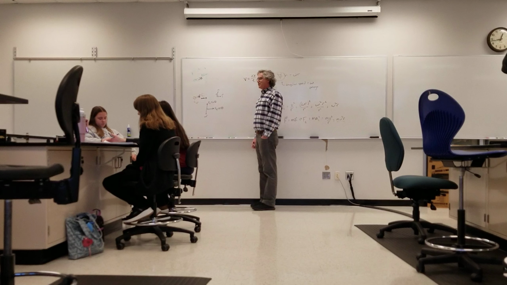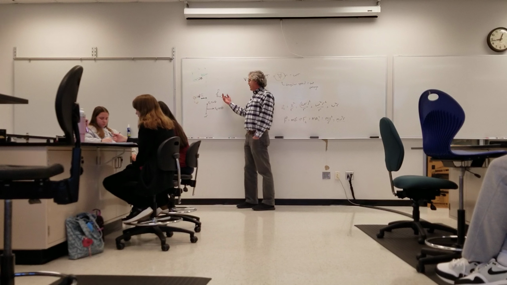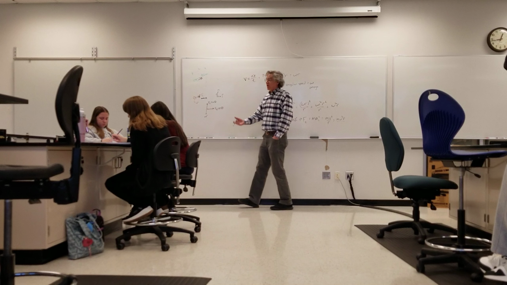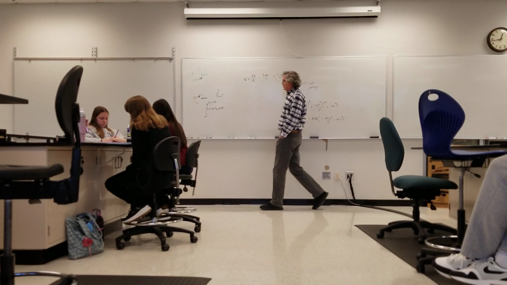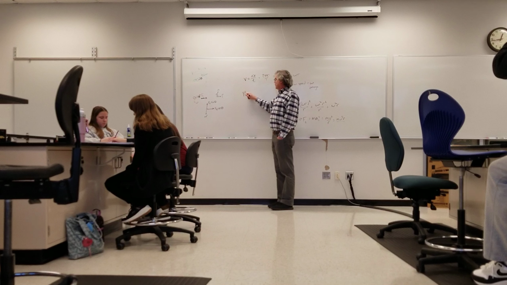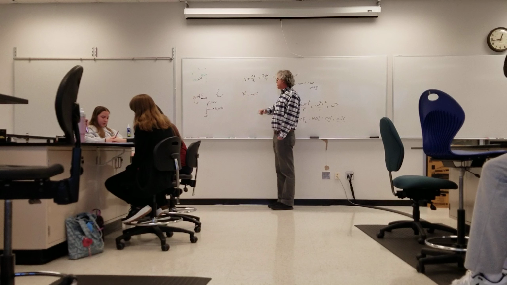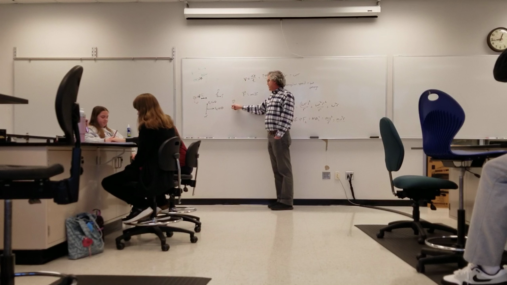Parallel to j hat. So it's not a separate equation. So we'll have an i hat equation and a j hat equation. The j hat equation will have 2 forces in it, but it's just 2. All right, so as we do our equations of motion, we'll have the i hat and the j hat.